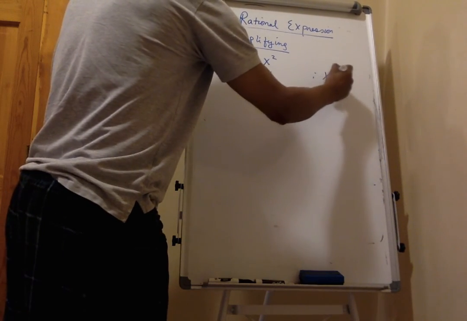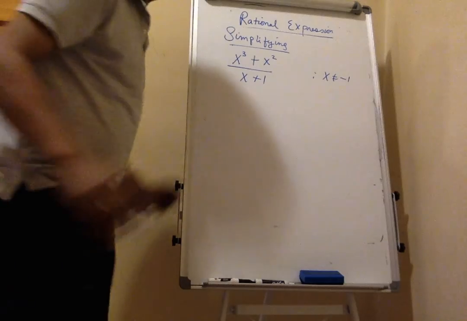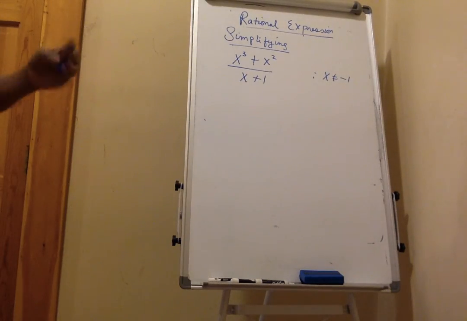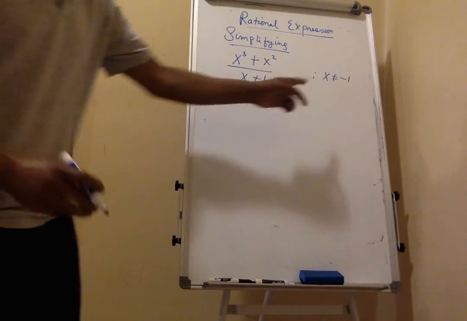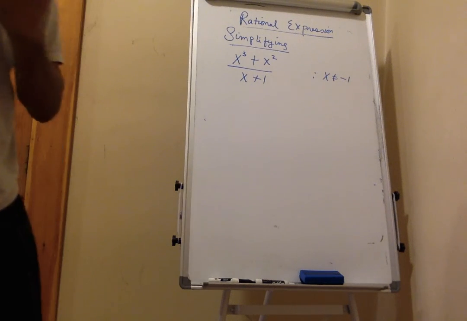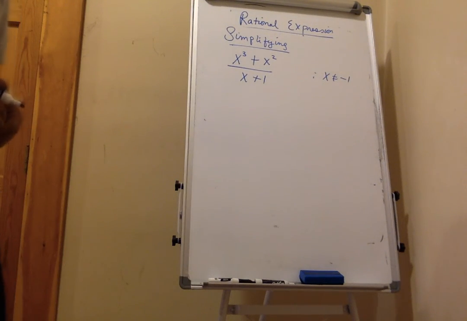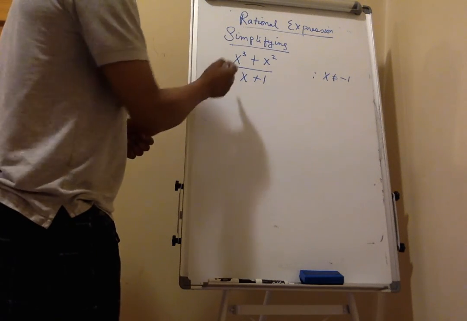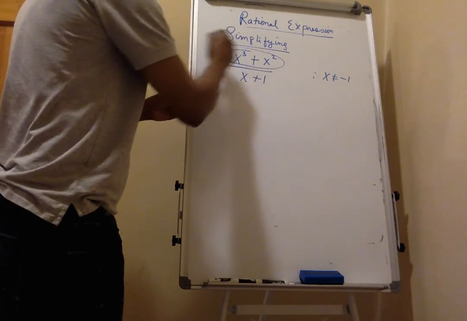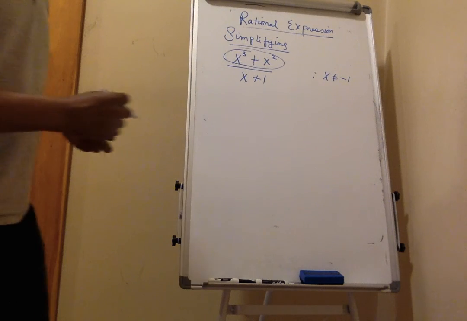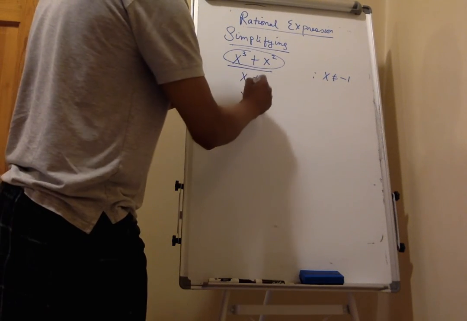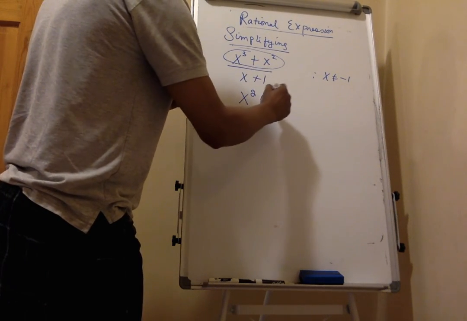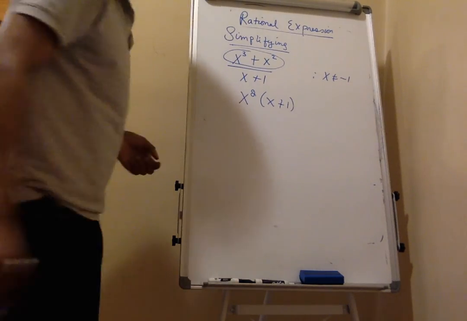Again, x cannot equal negative 1. Okay. This time we're not writing the domain, but if we just write x is not equal to negative 1, that will take care of itself. Then let's try to simplify this. The greatest common factor between x squared and x cubed is x squared. And you take out x plus 1.